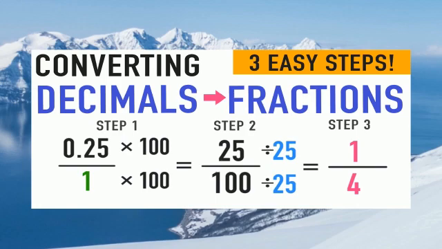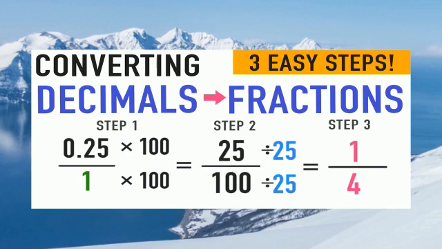This is an example that will help us to write a decimal number as a decimal fraction. So we have 0.25. We have 2 digits after the point, so we must multiply it by 100. So 0.25 times 100, and our denominator is equal to 1 because it's a number.